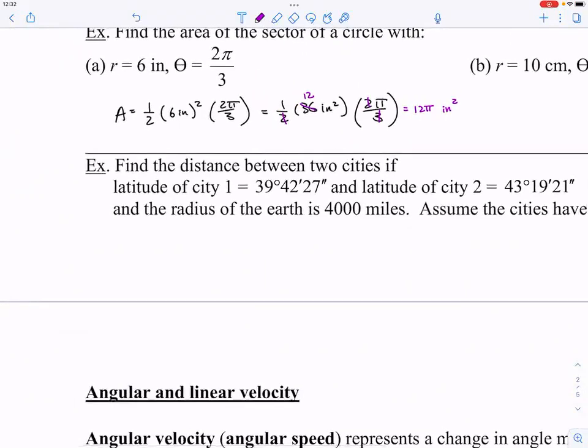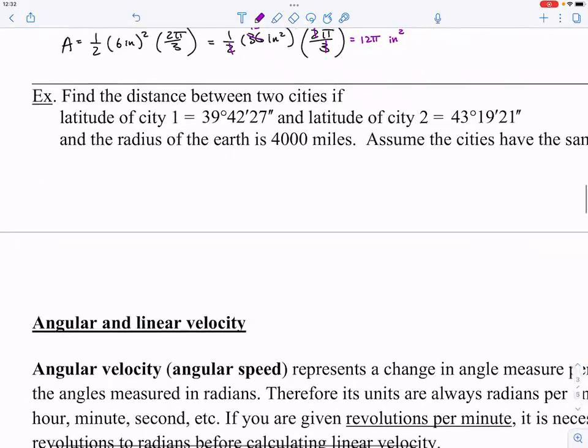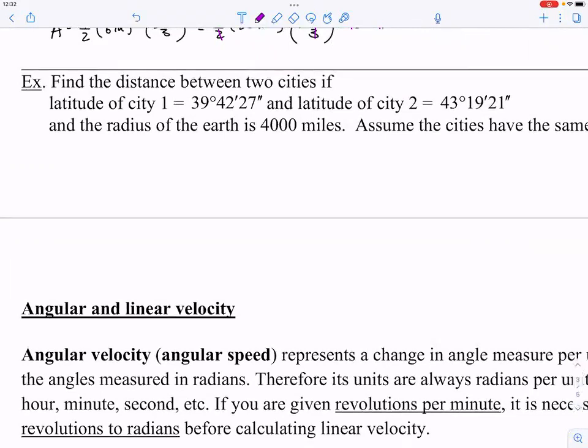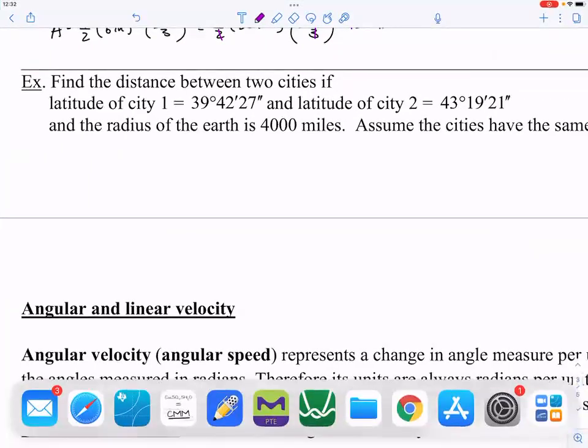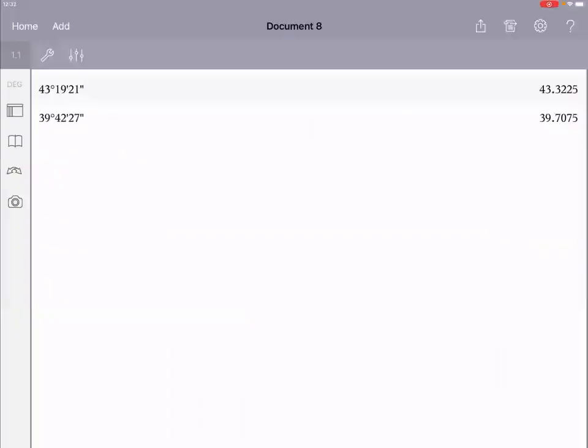Latitude of city 1 and latitude of city 2. Okay, so you're given 2 cities in degree, minute, second mode. Now, I'm not gonna waste too much time talking about these conversions since we talked about it yesterday. I'm gonna give you the numbers.